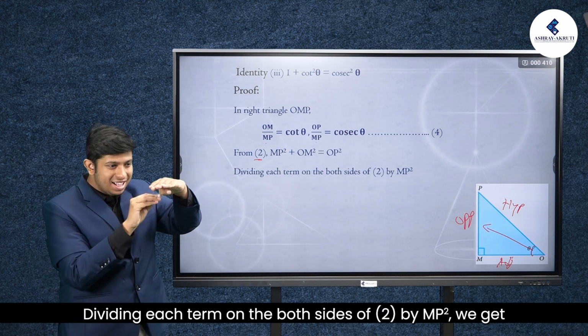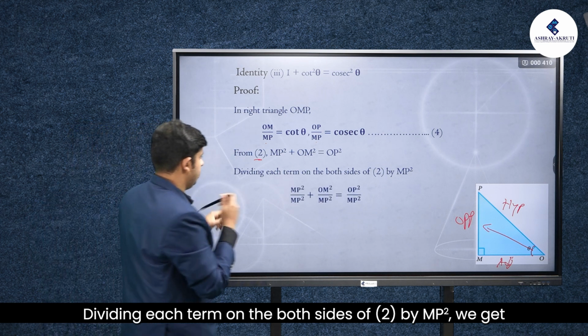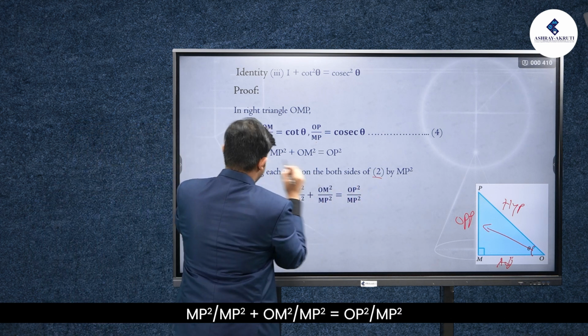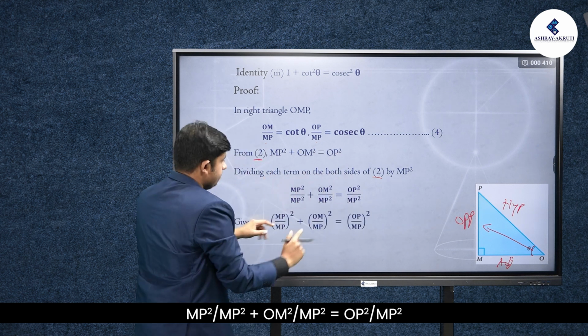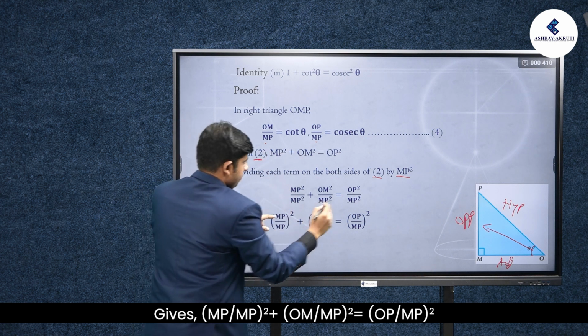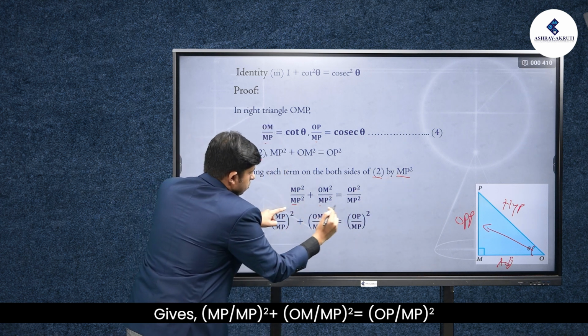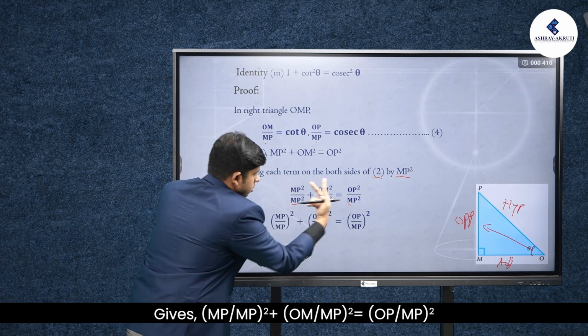Dividing each term on both sides of 2 by MP square, we get MP square by MP square plus OM square by MP square is equal to OP square by MP square. That gives (MP by MP) whole square plus (OM by MP) whole square is equal to (OP by MP) whole square.